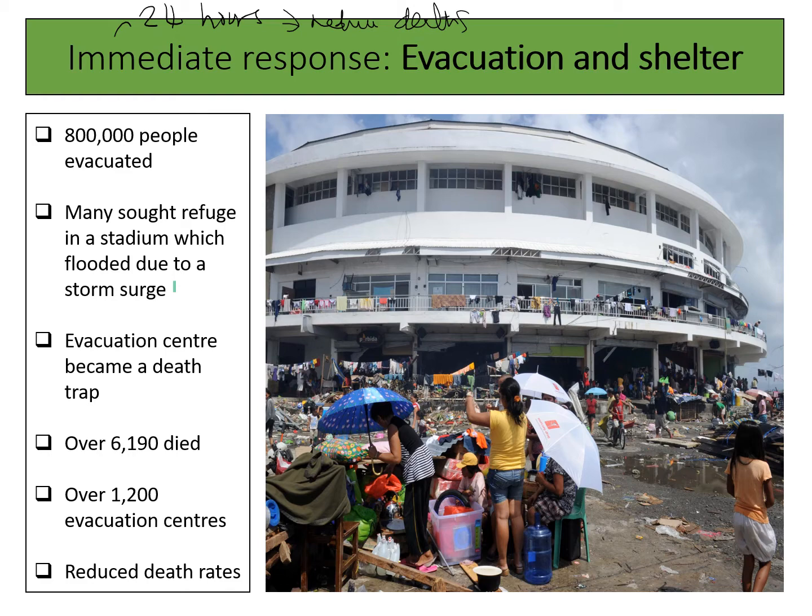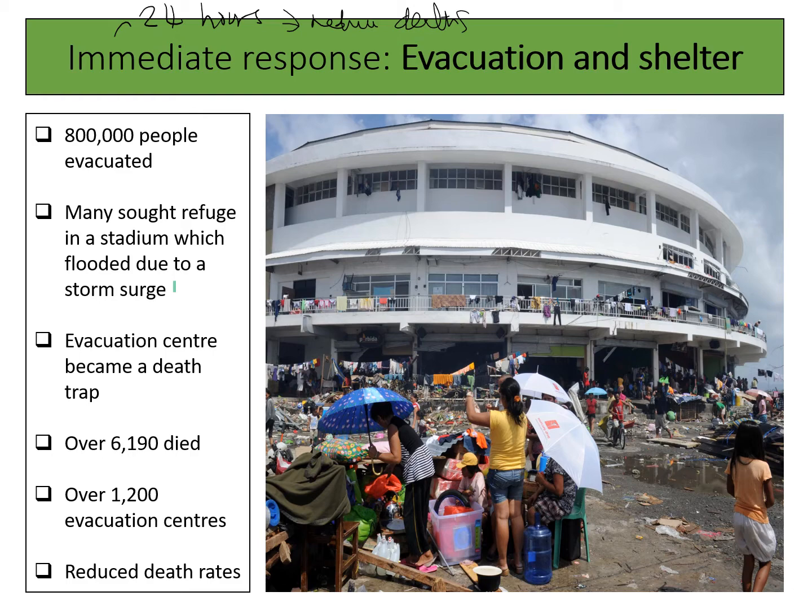So the president televised a warning and authorities evacuated over 800,000 people. They were put in 1,200 evacuation centres, which were set up all over the country. And this, as a result, reduced death rates. However, as you can see on the board, still 6,190 people died.